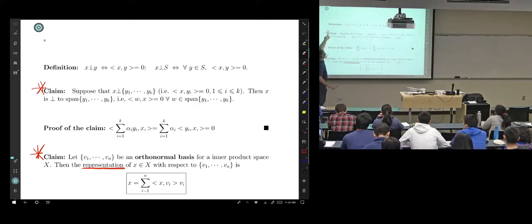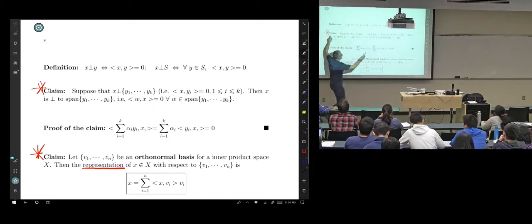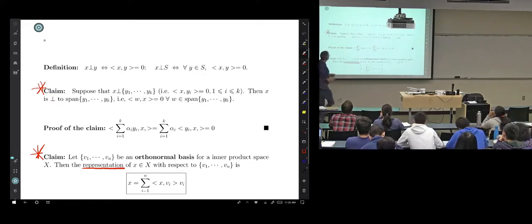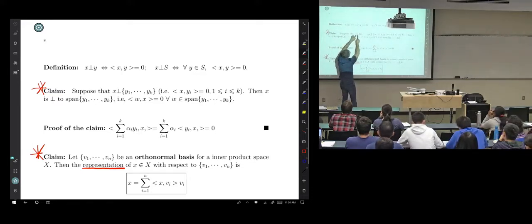The first one is very useful, and it just uses the linearity of the left or the right sides of the inner product, okay? If you have a vector and it's orthogonal to a set of them, it is automatically orthogonal to their span.